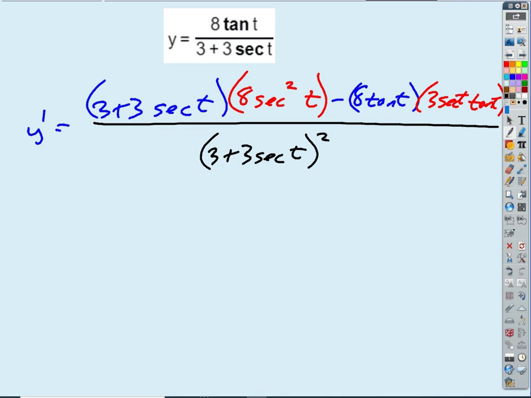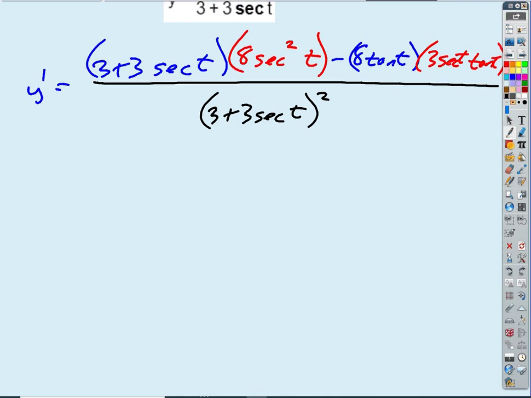Okay. So what could we do here? It's kind of a mess, isn't it? Yes, it's a real mess. So we could factor out an 8 times a 3, right? Everybody see that? So if I factor this 3 out, and I factor that 8 out of this term, I can take a 24 out of the first term up here, and a 24 out of the second term.